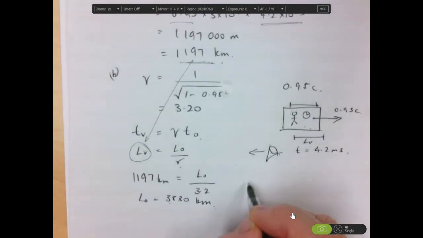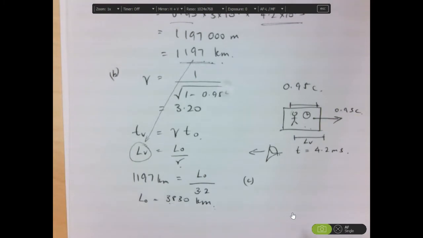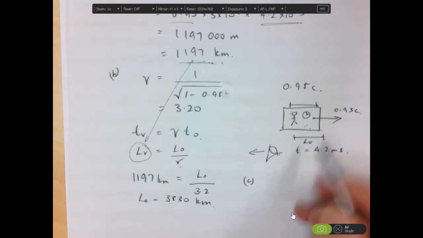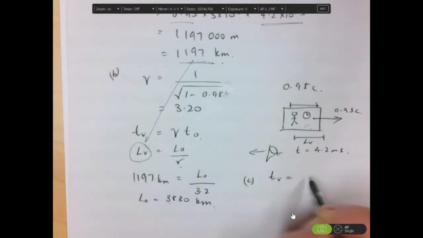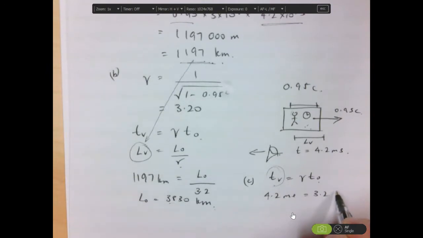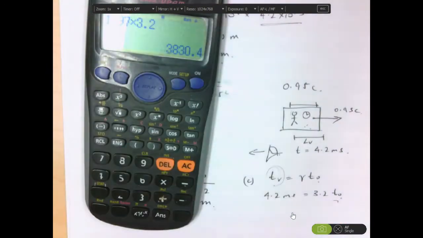And C, finally, says, how long did the muon take to decay as observed by you as an observer here? So T_v equals gamma T naught. Remember, we saw this go here at 4.2 milliseconds, and 3.2 is our gamma factor, and let's have a division there.